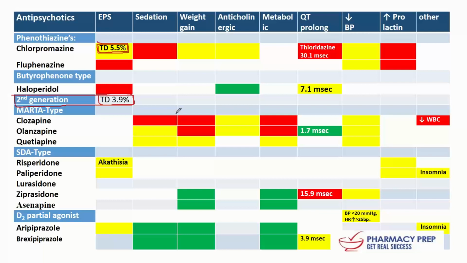Those symptoms are less common, at 3.9%, compared to the first generation antipsychotic drugs. So in summary, first generation high potency drugs such as fluphenazine and haloperidol have higher extrapyramidal symptoms.